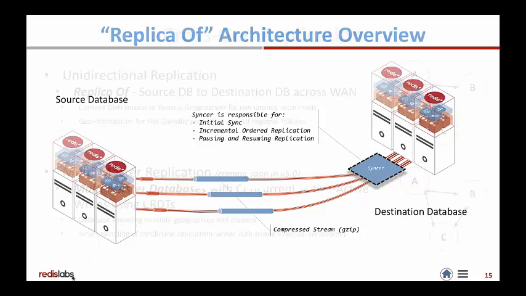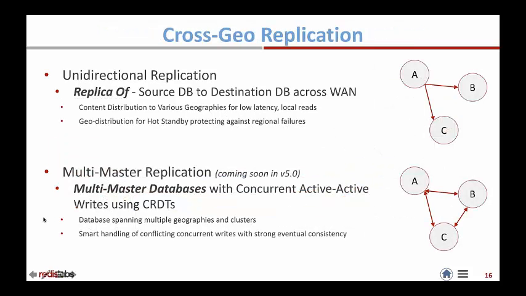Now, when it comes to geo replication, there's another type of replication that we're working on that is coming soon with the next major release of Redis Enterprise, and it's multi-master replication. In this case, site A, site B, and site C all receive writes and can replicate the changes to each other, and they coordinate writing to the same set of data concurrently.